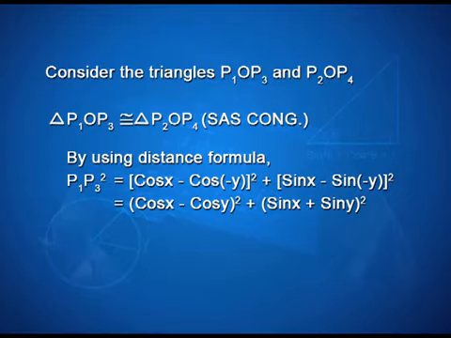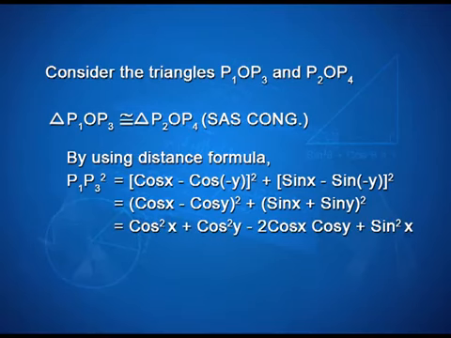Now, using the identity a minus b whole square is a square plus b square minus 2ab, we can open this and we get cos square x plus cos square y minus 2 cos x cos y plus sin square x plus sin square y plus 2 sin x sin y.